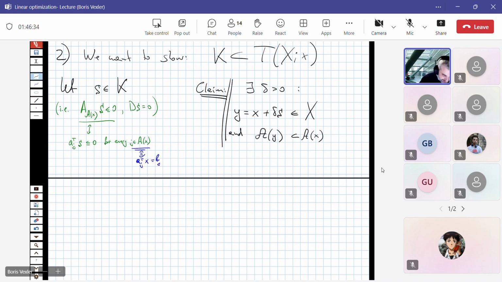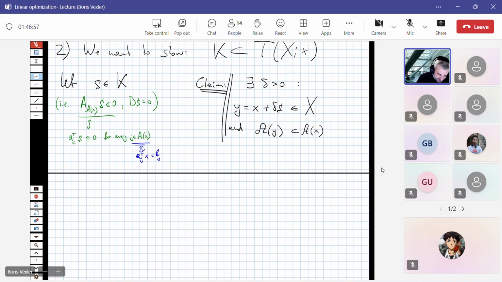How to prove our claim? We have to check that if we add to x some delta times such a direction s fulfilling these two things, then it will still be admissible. First of all, concerning the equality constraints it is quite clear.